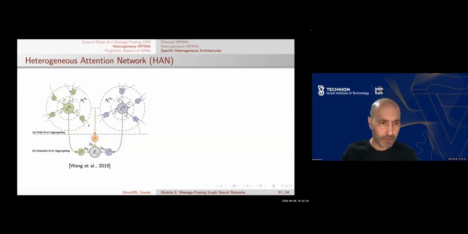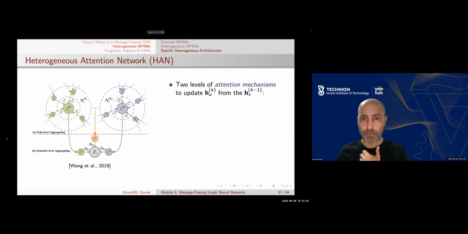This is a figure from the paper. First aggregating over the nodes of the corresponding type, and then doing attention on every neighborhood, and then an attention over all the tau primes. This is the second level, semantic level attention, where we attend to the different tau primes given the values that we got from the previous layer.